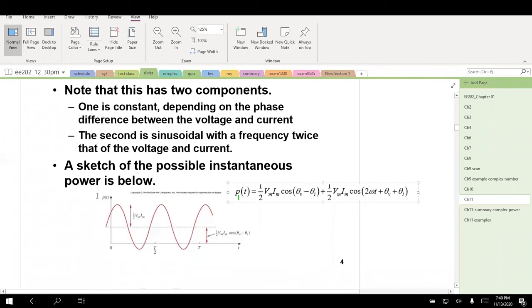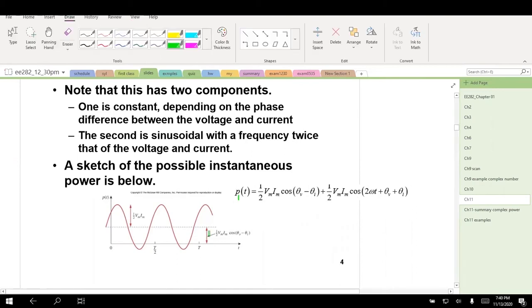If we plot the instantaneous power with time, we can see power follows a cosine waveform on top of a constant. On top of this constant, the instantaneous power changes in the form of a cosine. The magnitude of this cosine is half Vm Im, so this is the highest here.